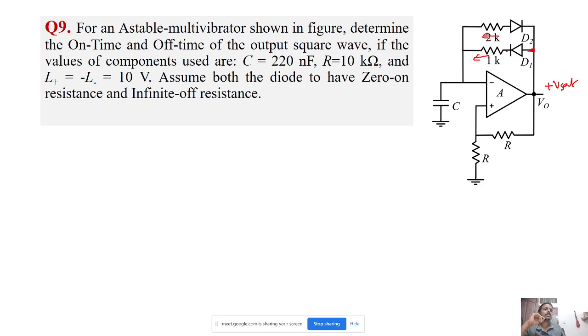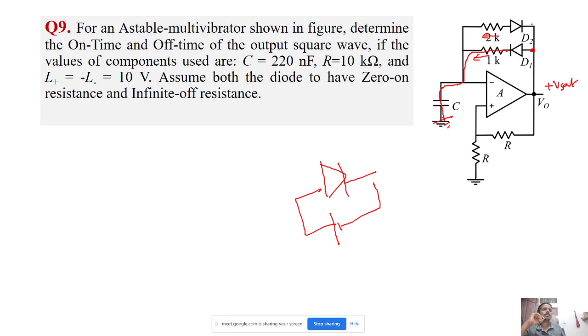So when this is high with respect to ground, this diode D1 will be on, right? So this is connected through this path. So D1 is on.